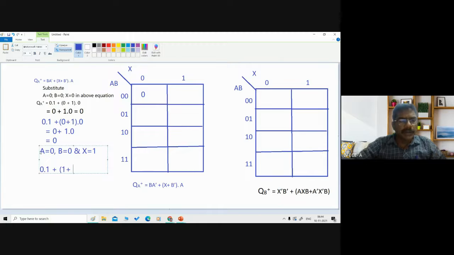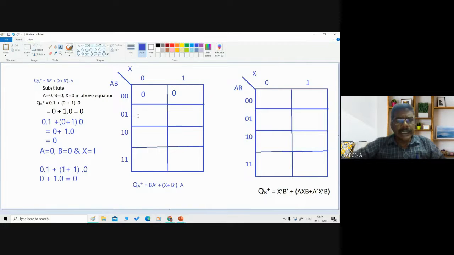B dash equal to 1, because B equal to 0, into A value equal to 0. Since A equal to 0, even though we got 1 here, the second term becomes 0, and the first term also becomes 0. So 0 into 1 equal to 0, plus 1. In OR gate, in digital electronics, 1 plus 1 equal to 1. 1 into 0 is equal to 0. So here also we get the value 0.